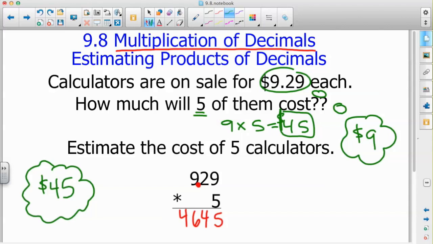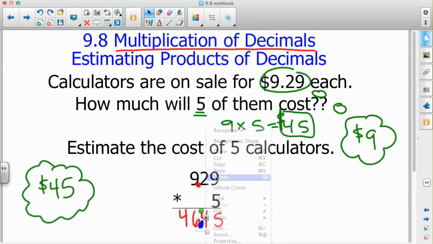We have to ask ourselves, where can we place the decimal in our answer to get an answer that's close to 45? Would I place my decimal here? Here? If I place my decimal here, is it close to $45? No. If I put my decimal here, though, I see that 46 and 45 hundredths is very close to 45.